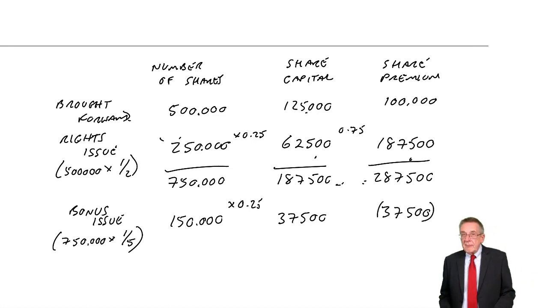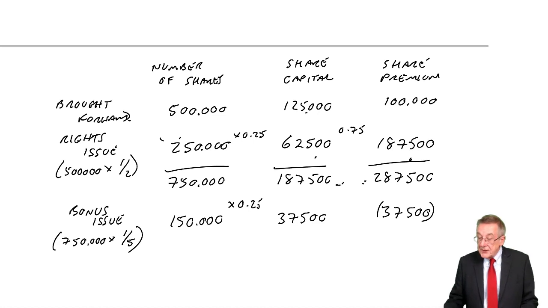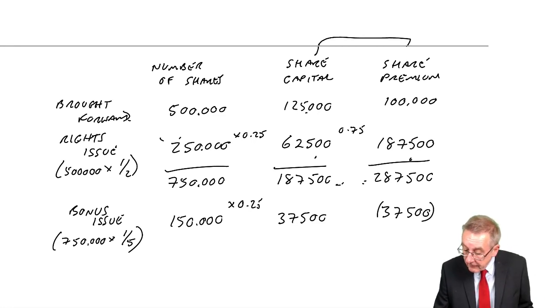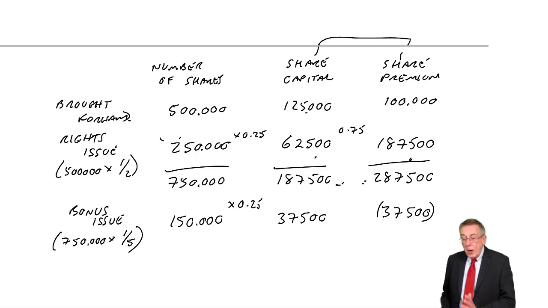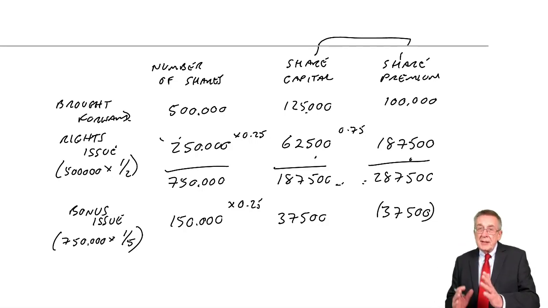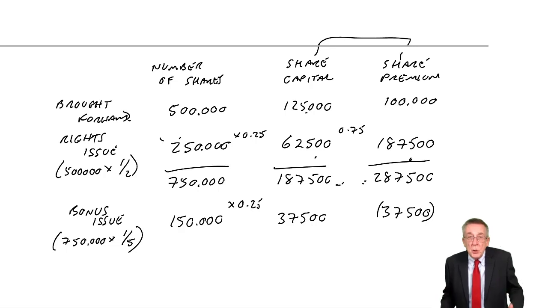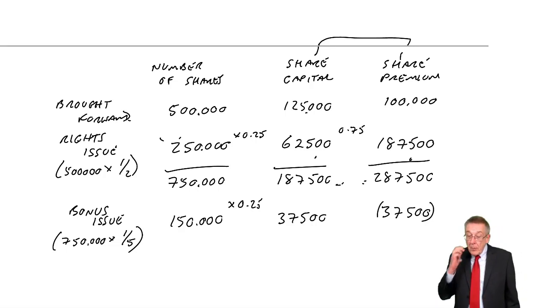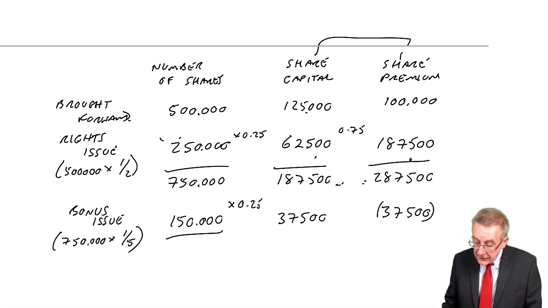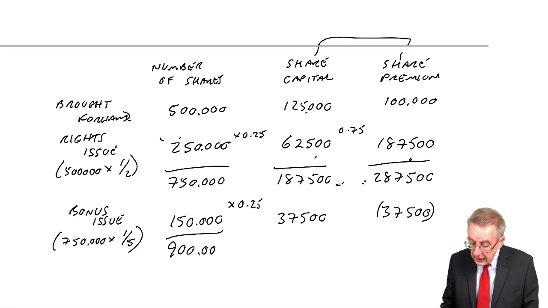And remember, the total owing to shareholders is the two together. Surely, if one goes up and the other goes down by the same amount, the total owing to shareholders won't change. And so the final balance is there will be 900,000 shares in issue.